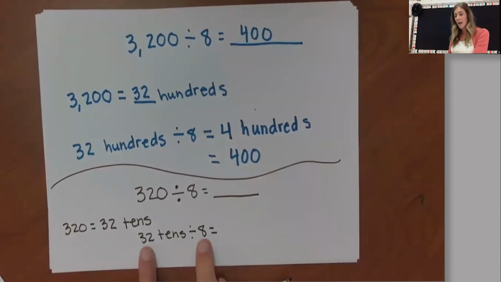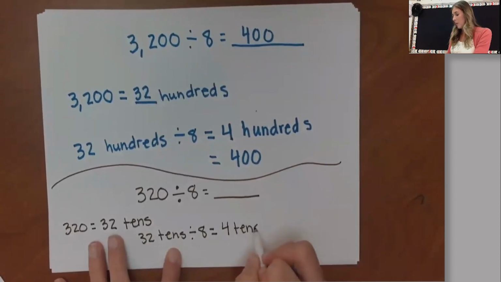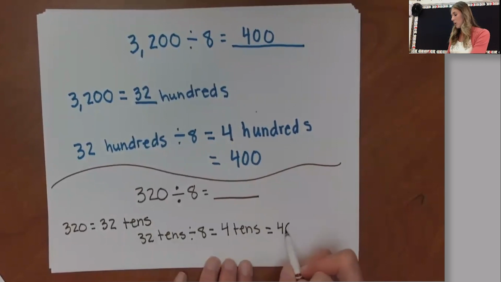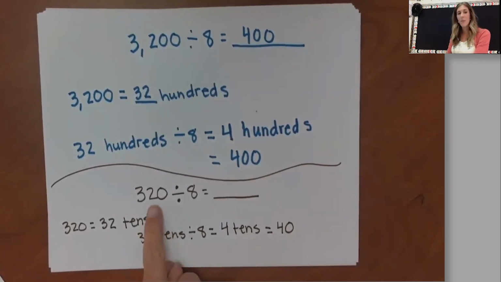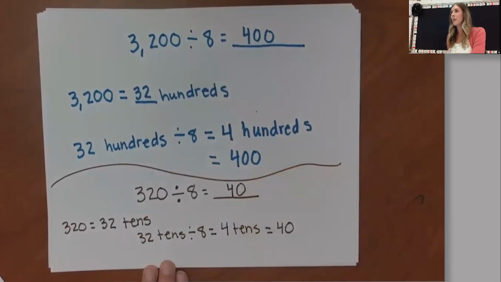We know 32 divided by 8 is 4. We can't forget our unit. It's going to be 4 tens. And we know that 4 tens is equal to 40. So how many boxes would they need to package 320 water bottles? Very good, 40. So 32 tens divided by 8 equals 4 tens, or 40.